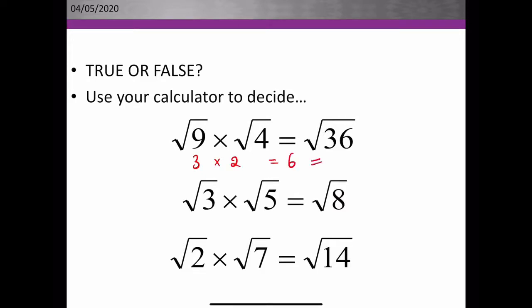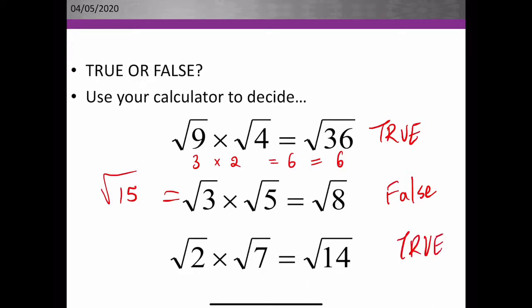Square root 4 is 2, so 3 times 2 is 6. Square root 36 is actually 6, so that's why it's true. Square root 3 times square root 5 is false. That would be equal to square root 15, because I can simply multiply in between. Square root 2 times square root 7 will actually be square root 14, so that is true.